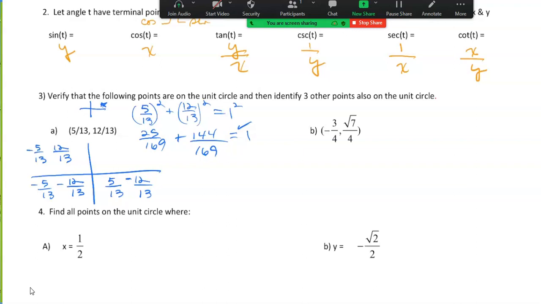So there are my other values, and then you're done. Those are coordinate pairs, so I probably should have them in parentheses, but you get what I'm doing.